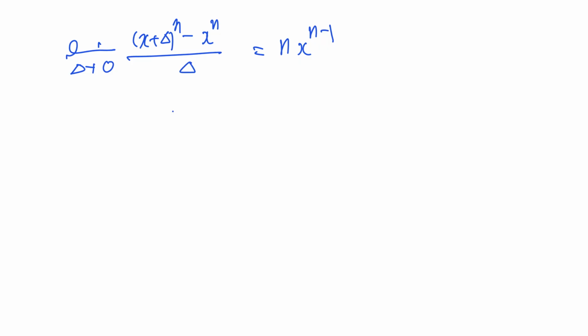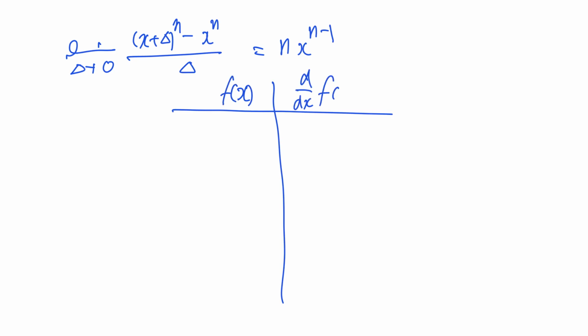So we have the following table: x, f(x), d/dx, df/dx, and this x is 1, x squared is 2x, x cubed 3x squared, and so on, x to the n, and n x to the n minus 1. You already know this result. Probably you're familiar with this result from the high school days.